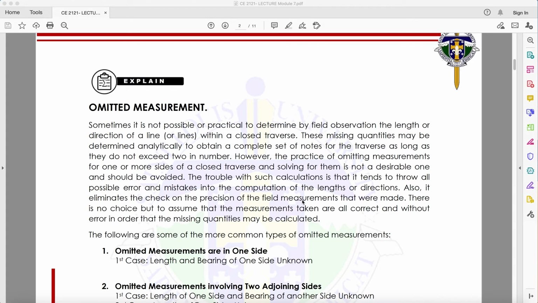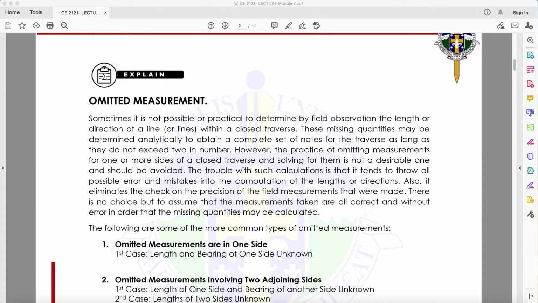But if we are going to use this method, wherein it is an omitted measurement, we assume that what we surveyed is correct, without error. So we will accept it as it is. That is what we are avoiding. As much as possible, we want to do away with that.